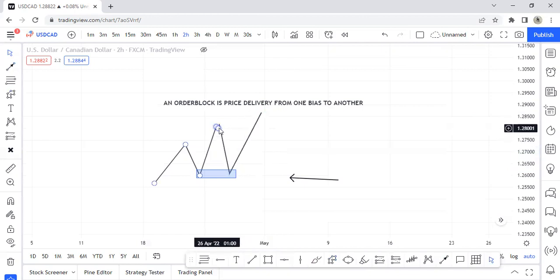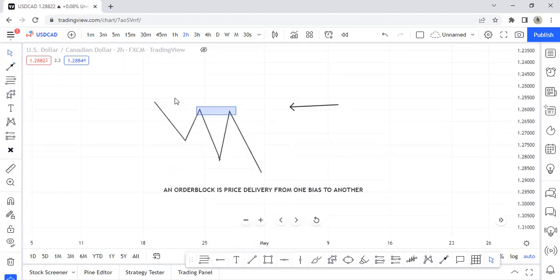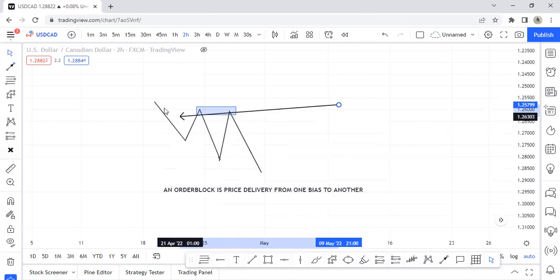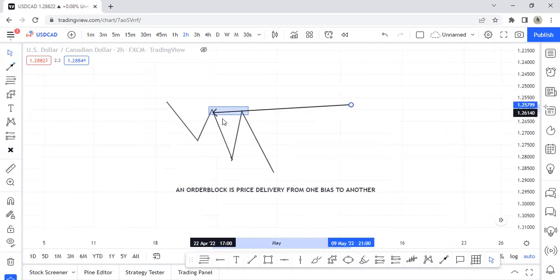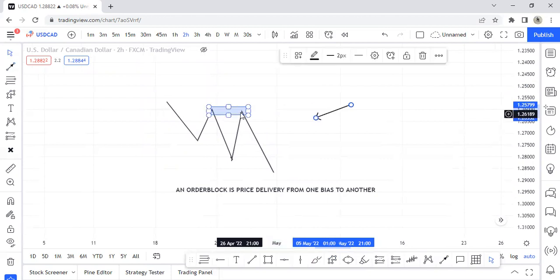Now if you are doing the reverse case, it's also the reverse. When price is delivering downwards, let's just take this out.